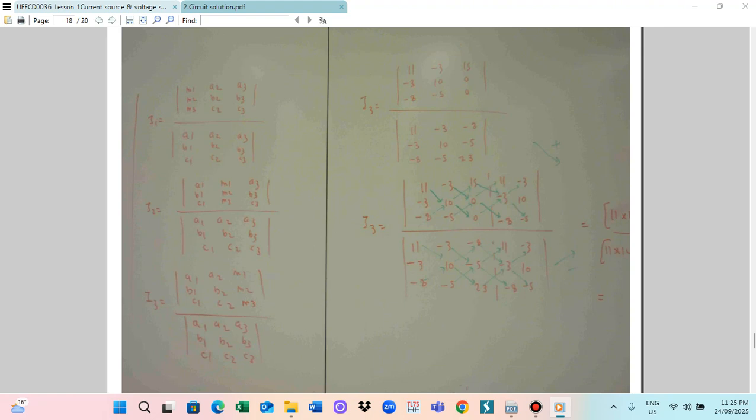Then we get I3. We write again: 11, minus 3, minus 8; minus 3, 10, minus 5; 15, 0, 0.